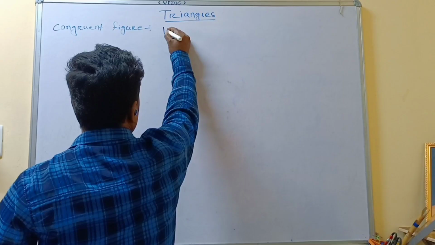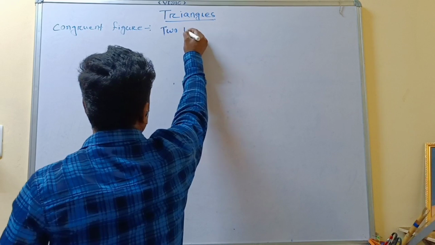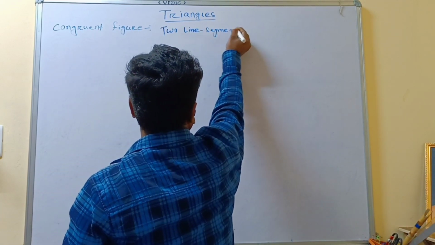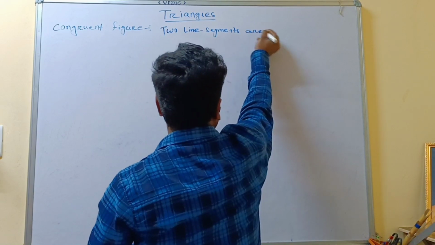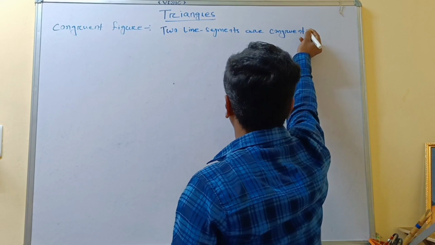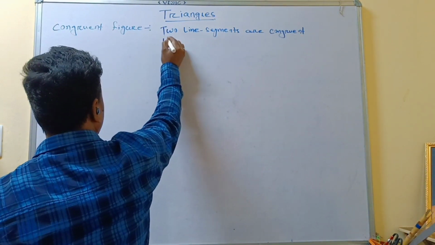The congruent figure: two line segments are congruent if they have same length.